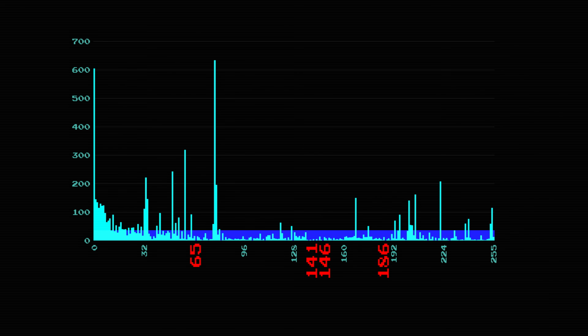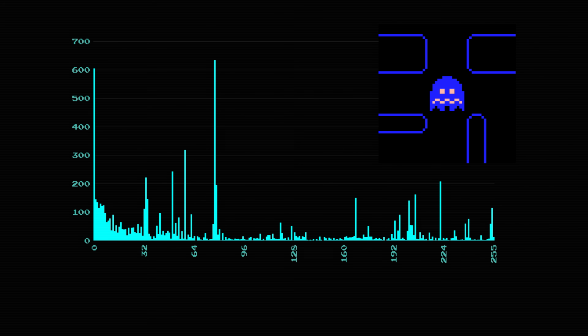Now, this may look bad, but fortunately there's a catch that almost saves this. The only reason the RNG function is used is to determine which direction a frightened ghost moves at an intersection. Well, there's only 4 possible options: up, down, left, or right. This can be represented with only 2 bits.